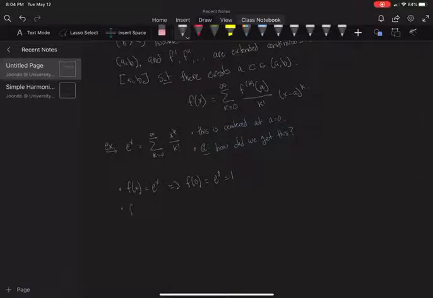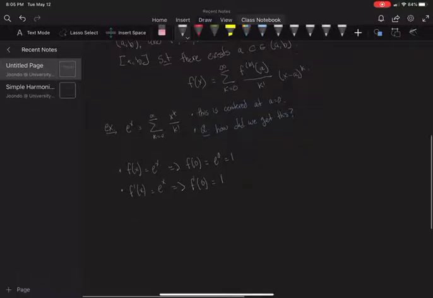Consider this. Let's say f prime of x, the derivative of f of x, is e to the x. It doesn't change. So f prime of 0 is just 1, because it's the same thing.